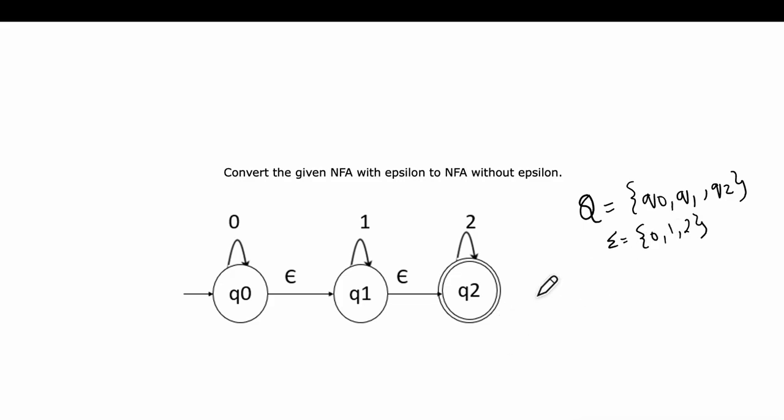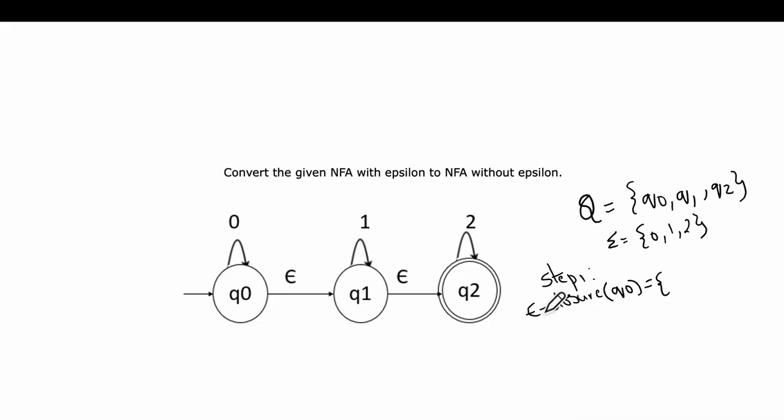Now step 1 is to find the epsilon closure of each state. There are three states, so write the epsilon closure of Q0. By default every state is reachable to itself. Epsilon closure is the set of states reachable from the Q0 state without taking input.